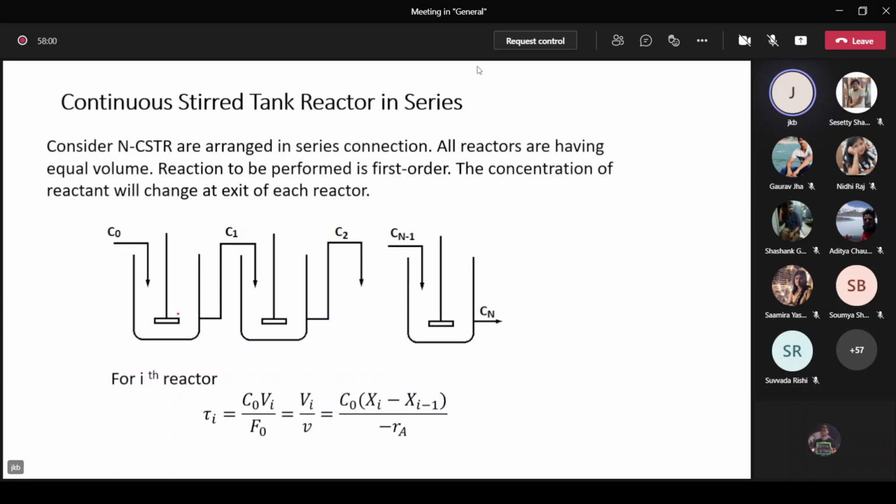So if CSTRs are connected in series, for the first reactor there will be conversion XA1, for the second reactor XA2, then XA3, XA4 and XAN at the last reactor, and concentrations C0, C1, C2, etc. So in terms of conversion, we can write the mole balance for the ith reactor: tau i is equal to Vi by V, which is C0 multiplied by the conversion difference divided by minus RA.